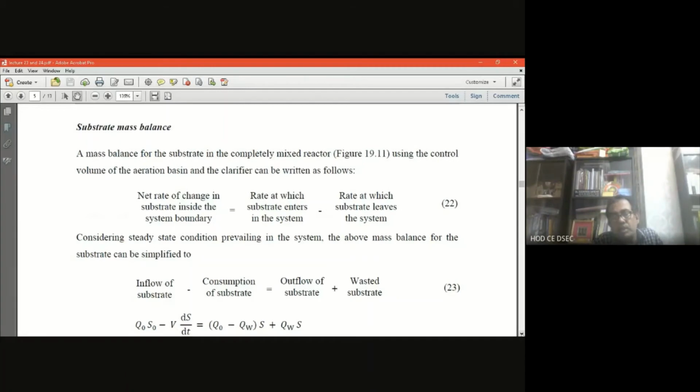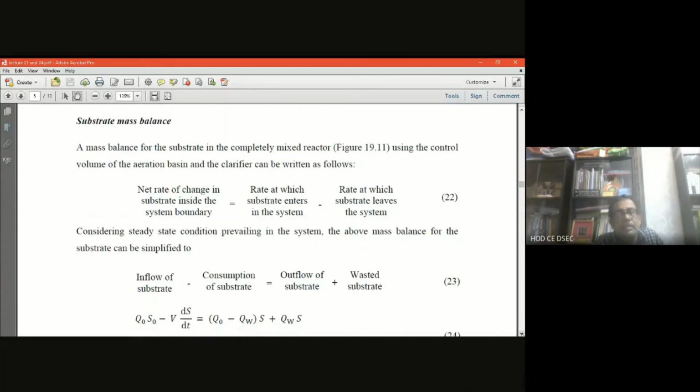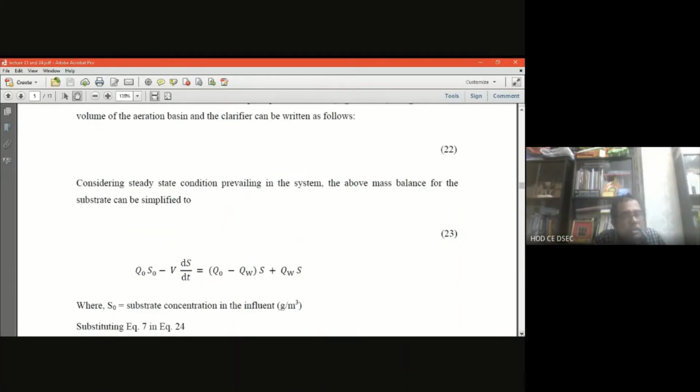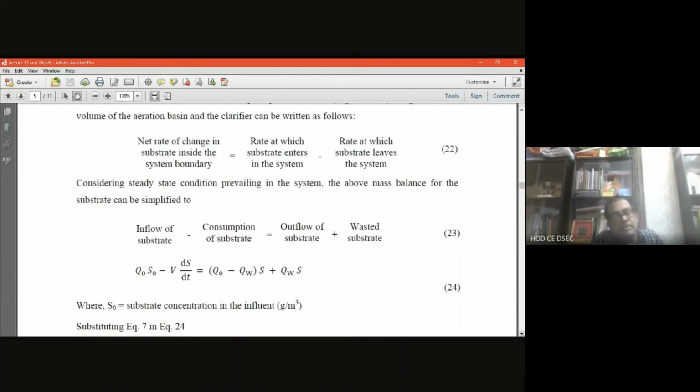Some portion of the substrate is wasted also with the wastewater. So the outflow of the substrate plus the wasted substrate equals the inflow of the substrate plus the consumption of substrate. What is the inflow of the substrate? Q0 is the inflow volume of the water, multiplied by S0, the initial concentration of the substrate.